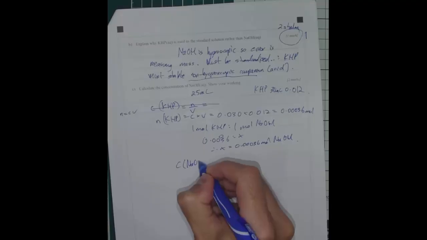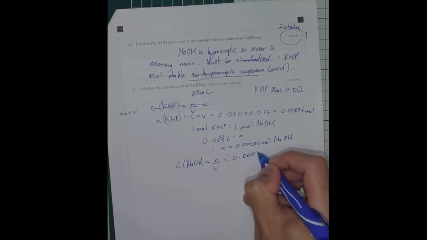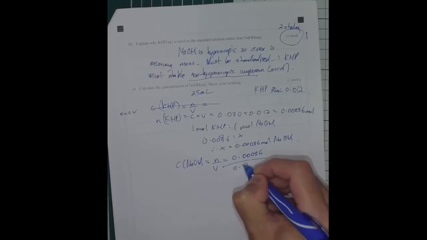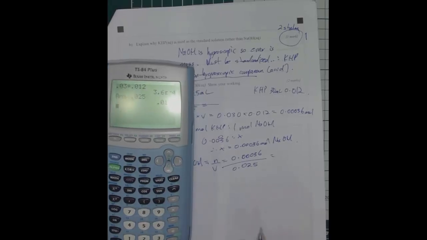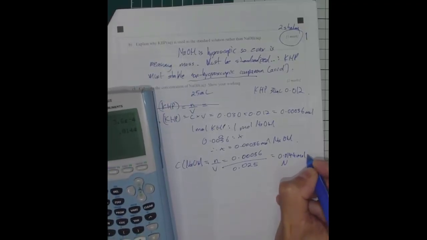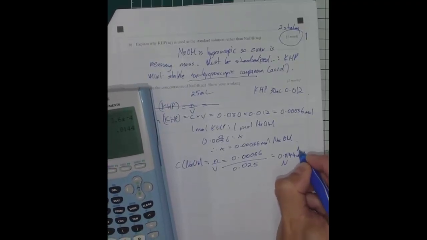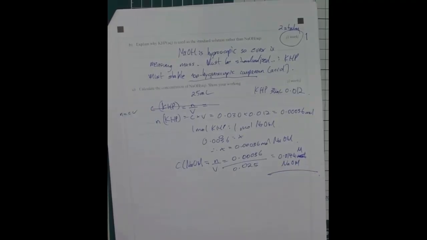Concentration NaOH equals number of moles over volume. 0.025, 0.10144 moles per liter NaOH. 2 marks.